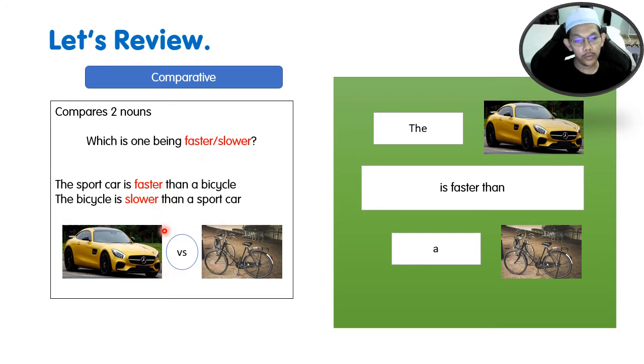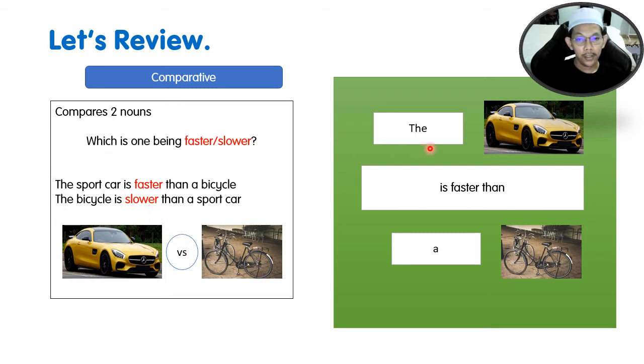From those 2 pictures we can tell that the yellow sports car is faster than the bicycle. That is comparative. We compare between 2 nouns. Logically, the sports car should be faster than a bicycle.